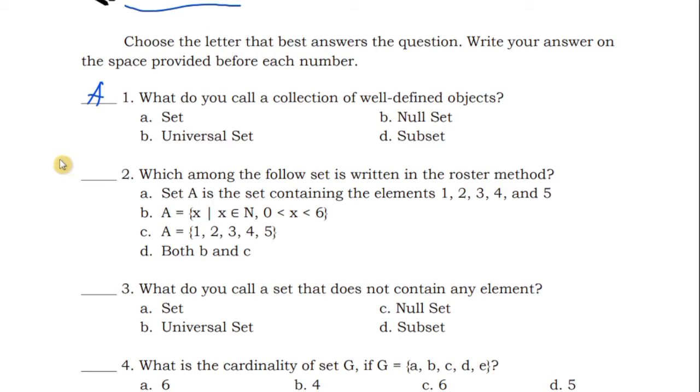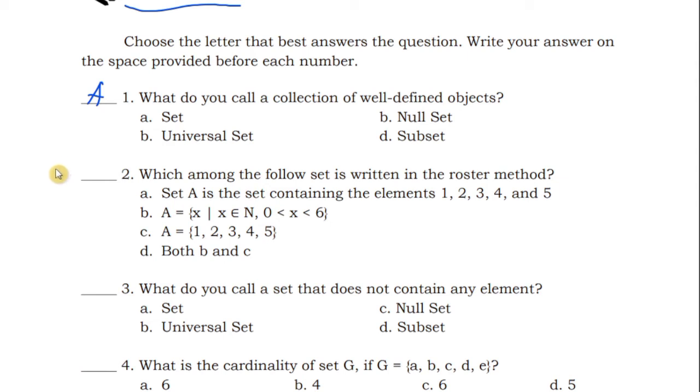Okay, for number 2, which among the following sets is written in the roster method? A, set A is the set containing the elements 1, 2, 3, 4, 5.